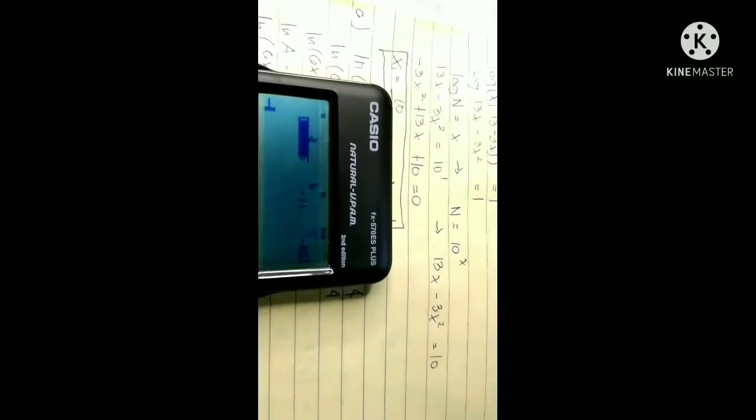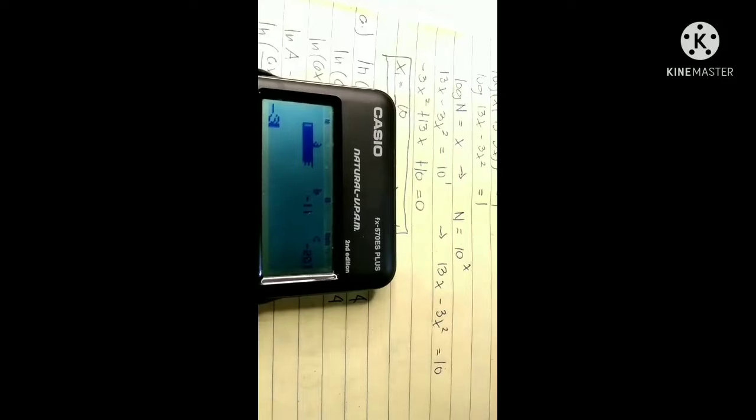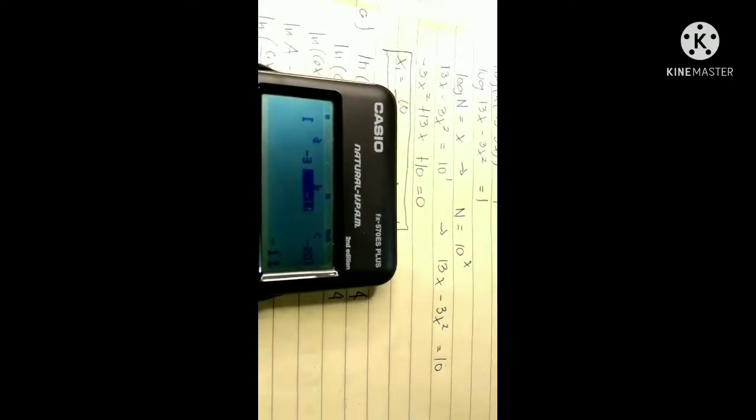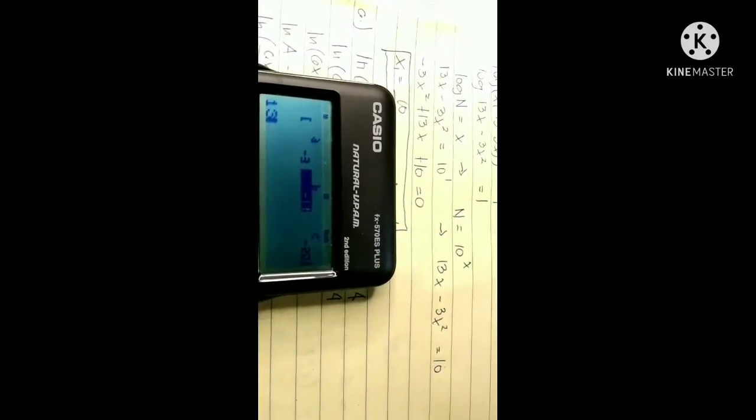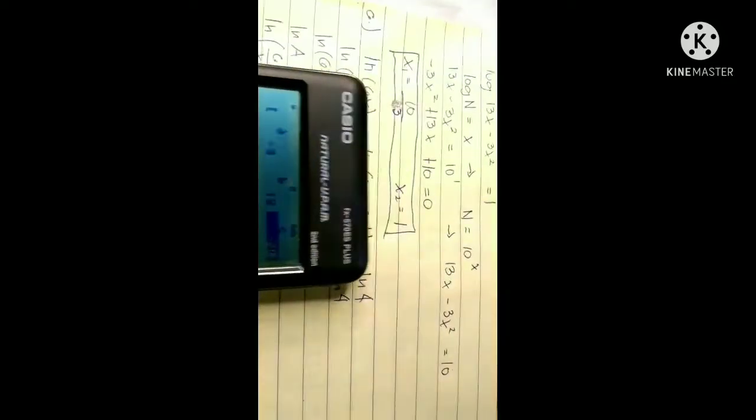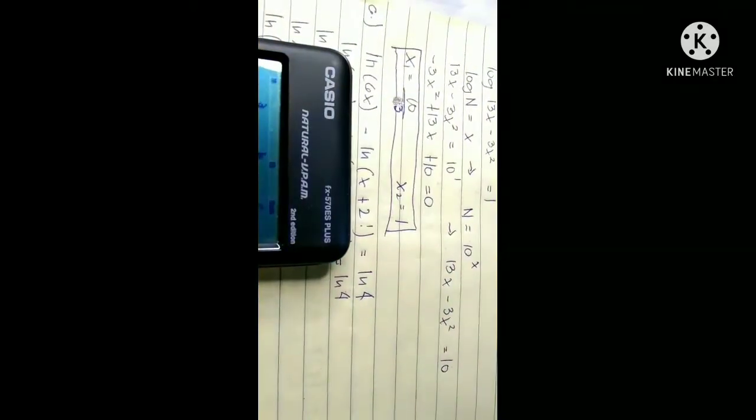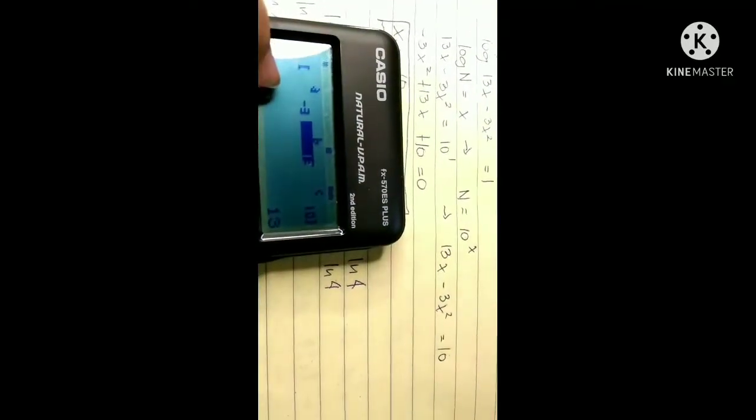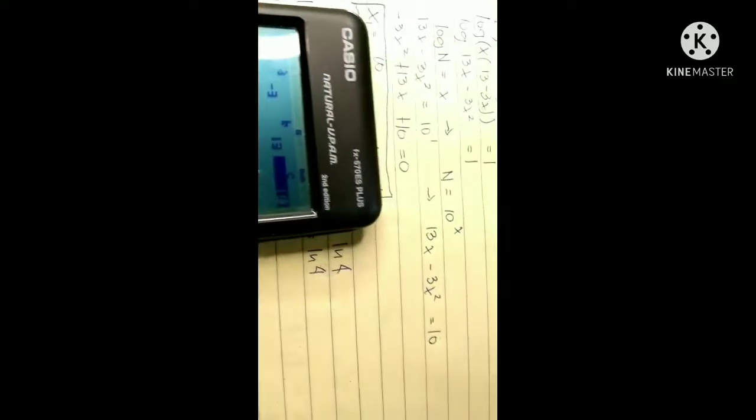So we have here negative 3 and 13 and 10. It's supposed to be negative 10. So this is negative, by the way.